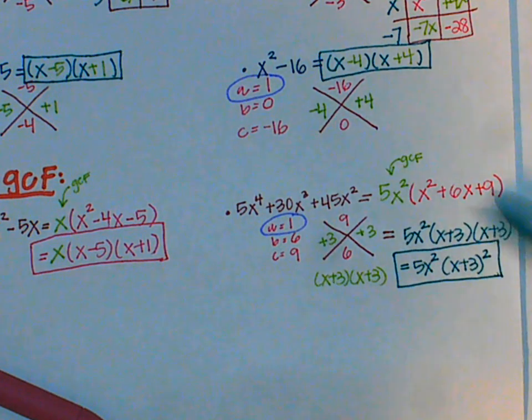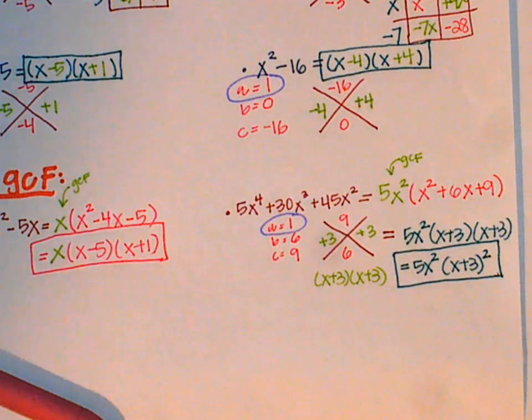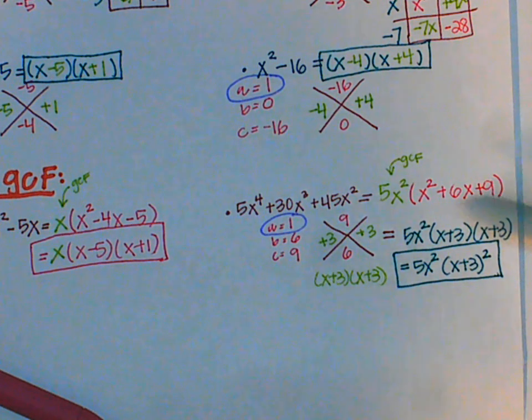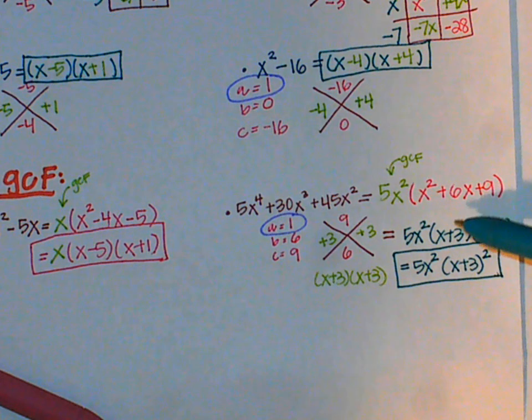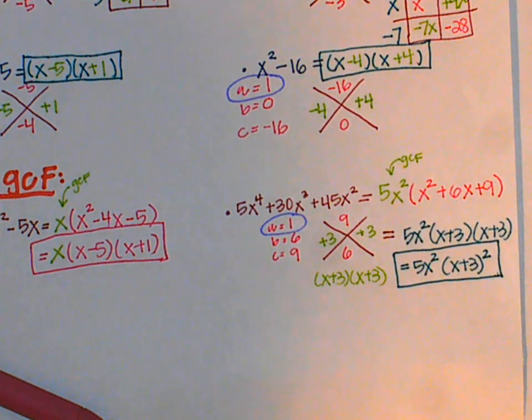What you are left with, you then want to see if you could factor it or not. If you can't factor it, you don't have to use the quadratic formula. You just leave it as is. Your answer might end up something that isn't factorable, and that's okay. If it is factorable, then you factor.